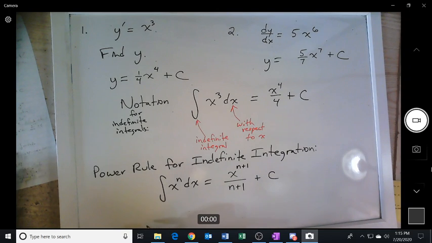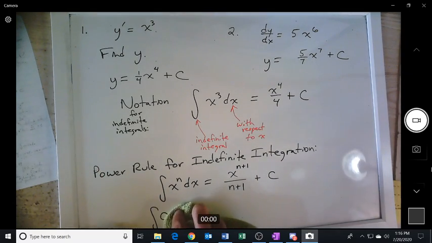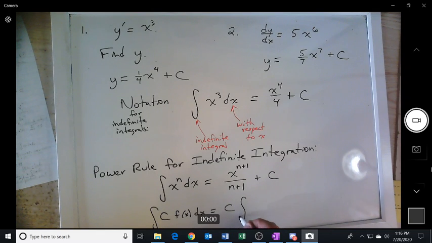And then we also want to look immediately at a property. If you have a constant times any function, the constant gets to come out front.